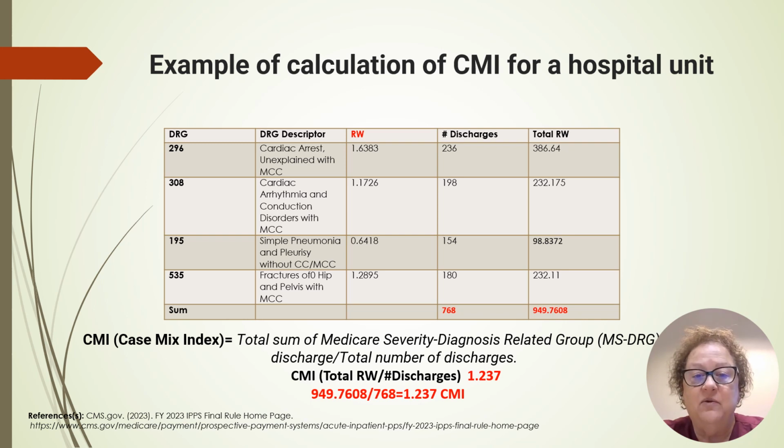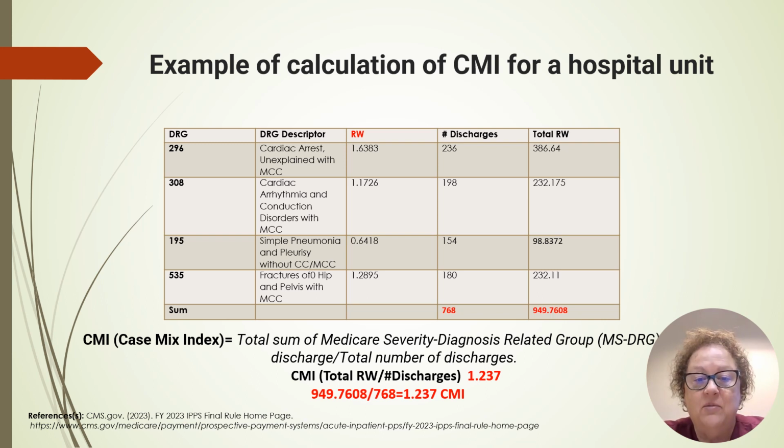So the relative weight of 1.6383 times 236 gives a total relative weight for those 236 patients of 386.64. And that formula is carried out for these 4 DRGs.